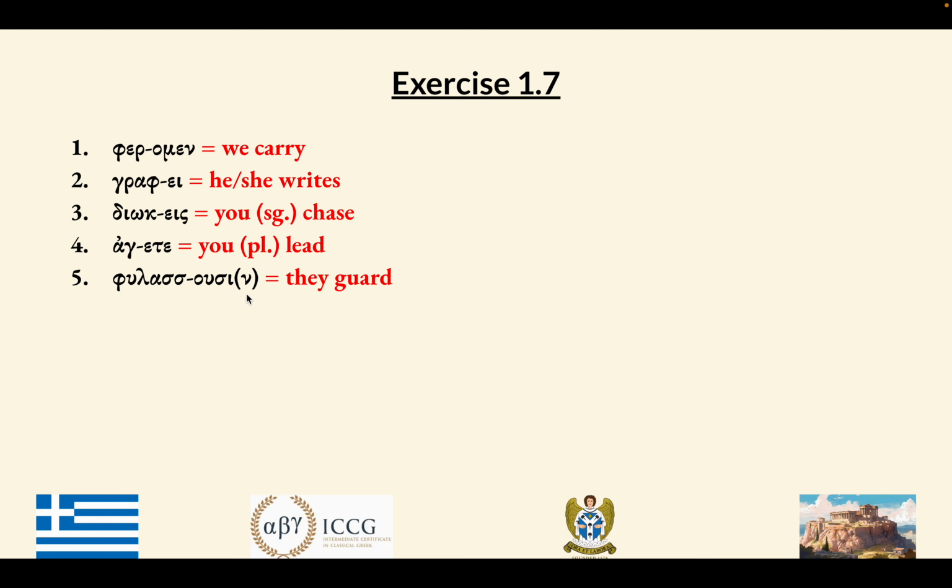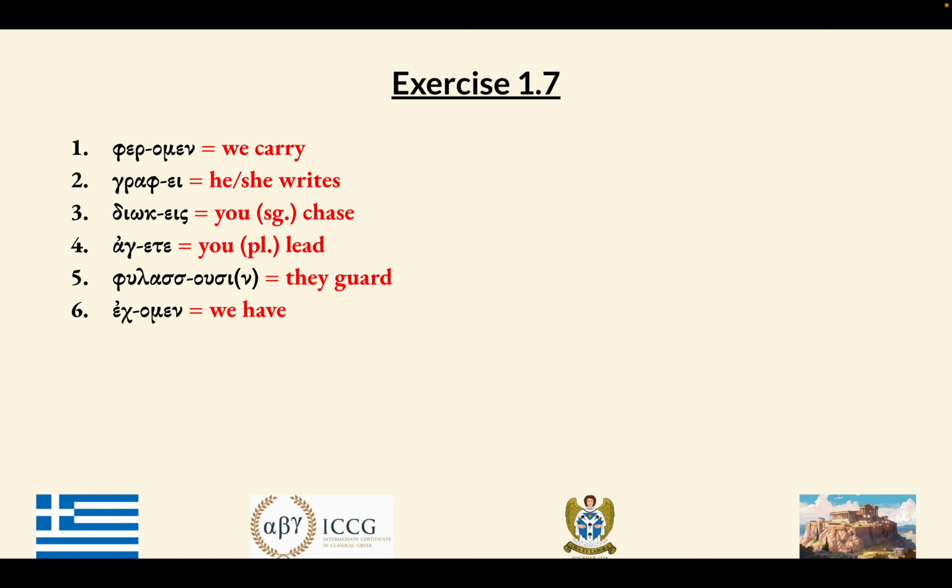So you put that N at the end, phulassousin. Whereas if instead this verb were the last word in the sentence or was followed by a word beginning with a consonant, then you don't use the N. So you just use phulassousi. Okay, so it would depend on the context, basically.